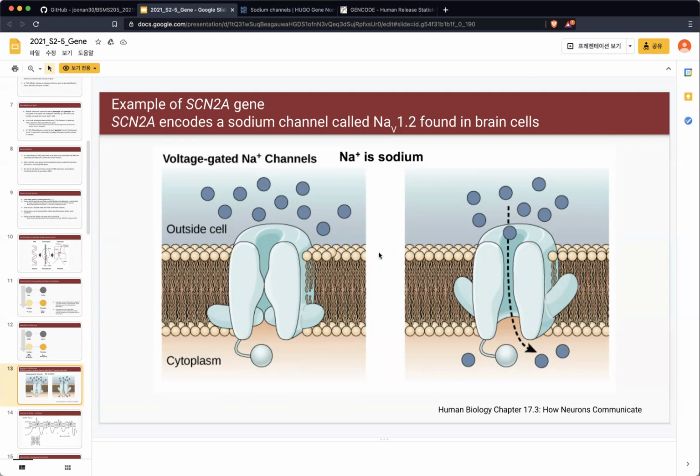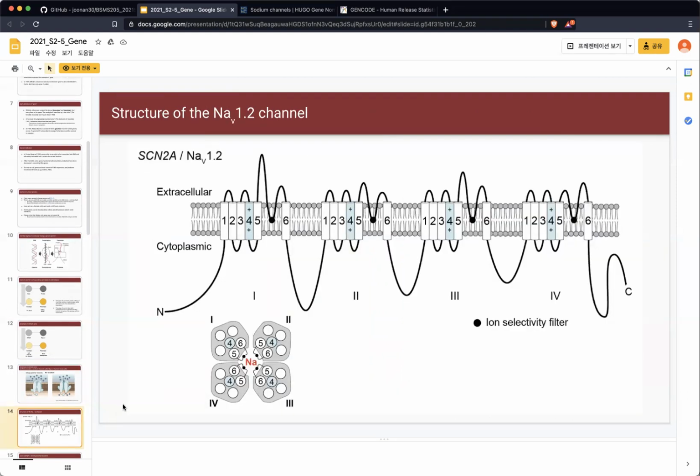And when the sodium channel is working properly, those ion transmissions work well, and all of the brain functions work as expected, right?